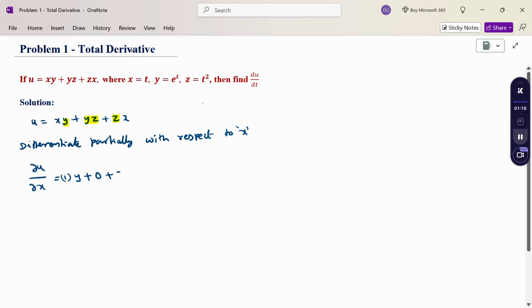Then z is a constant and x's derivative is 1, so plus z. So dou u by dou x equals y plus z.